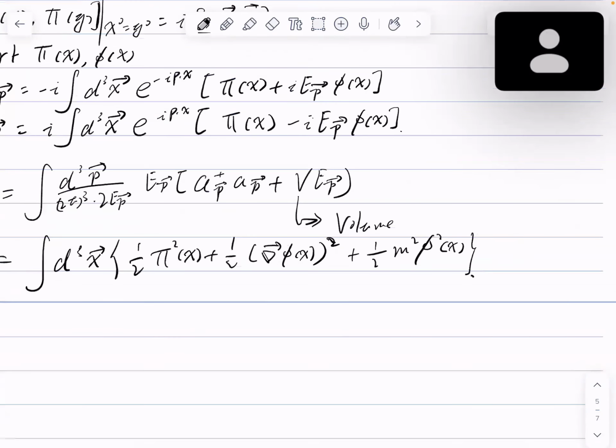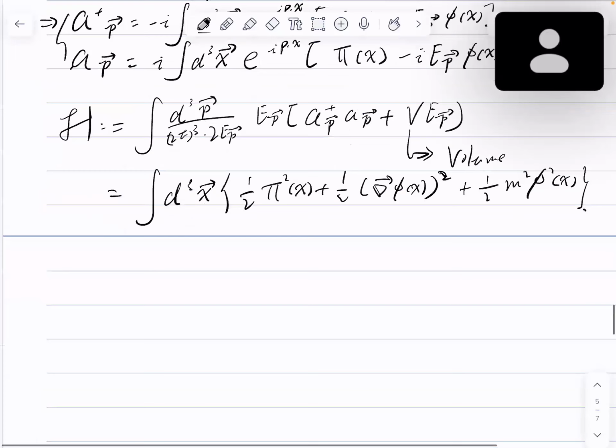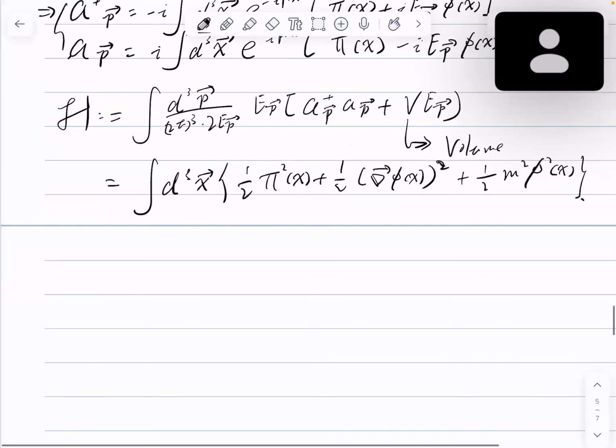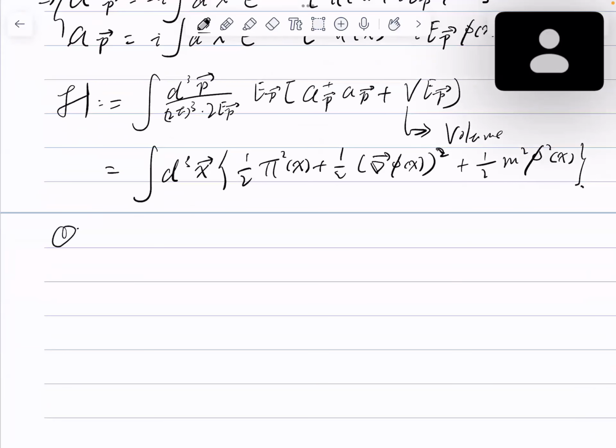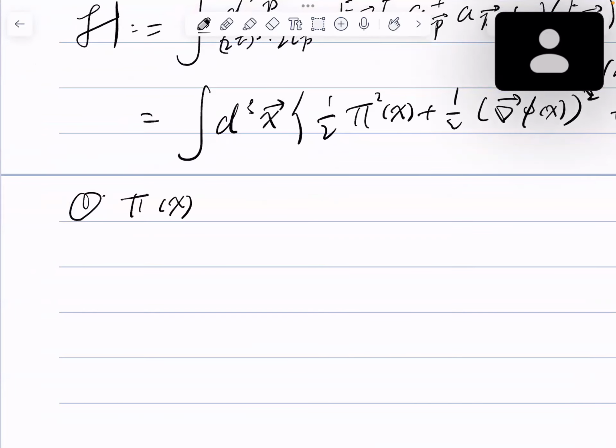Now, how can we obtain the Lagrangian? Well, we just introduce two restrictions. First, in Lagrangian theory, the conjugate momentum is defined by ∂L over ∂(∂₀φ(x)).